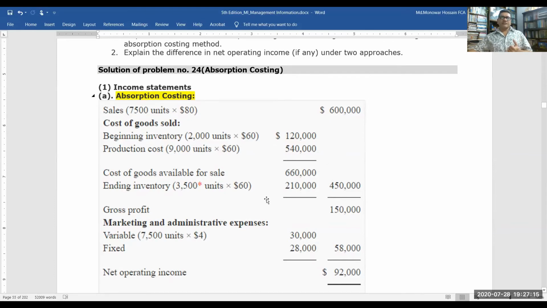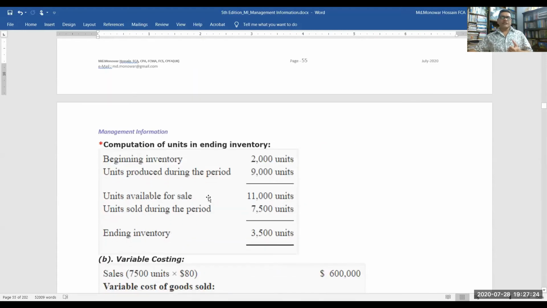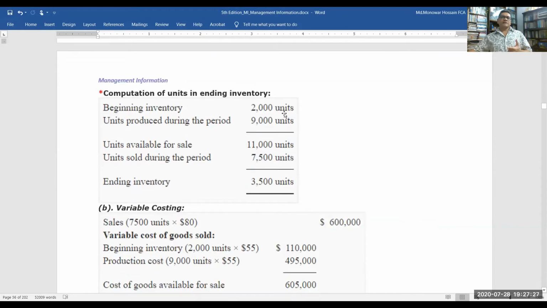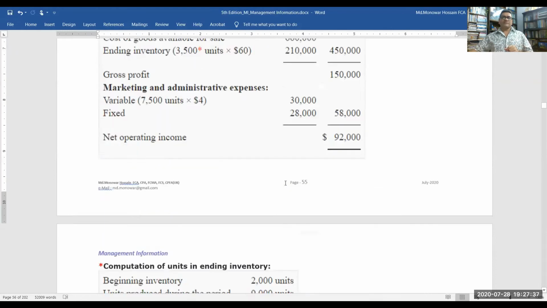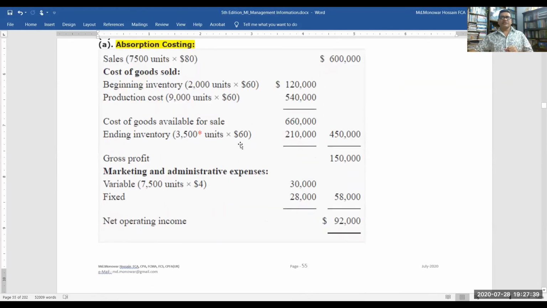So here we get 5,40,000, and the cost of goods available for sale, if we add it, is 6,60,000. Now the ending inventory: beginning inventory 2,000, units produced during the period 9,000, and units sold 7,500, so the ending inventory is 3,500. This 3,500 multiplied by 60 gives 2,10,000.